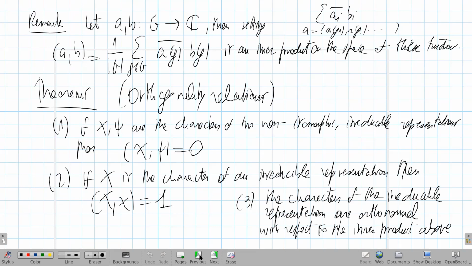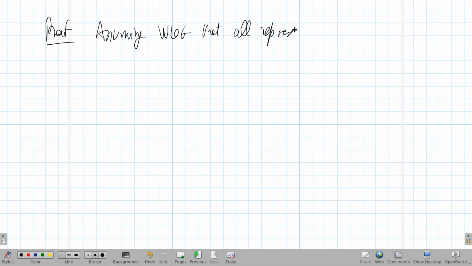Proof: assume without loss of generality that all representations are unitary. This is just a matter of choosing a suitable basis.